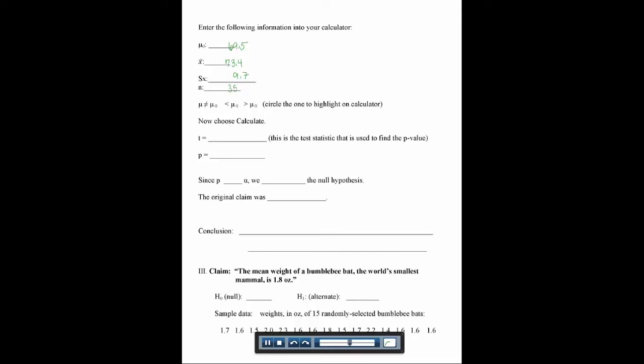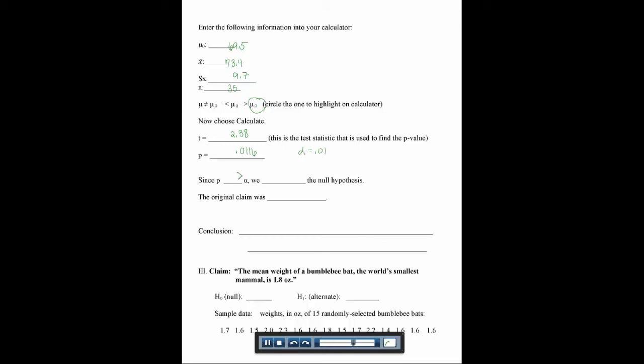Okay, now remember our claim is that they live longer, so mu is greater than mu0. Now I'm going to choose calculate for our t value. We get 2.38, and for our p-value we get 0.0116.